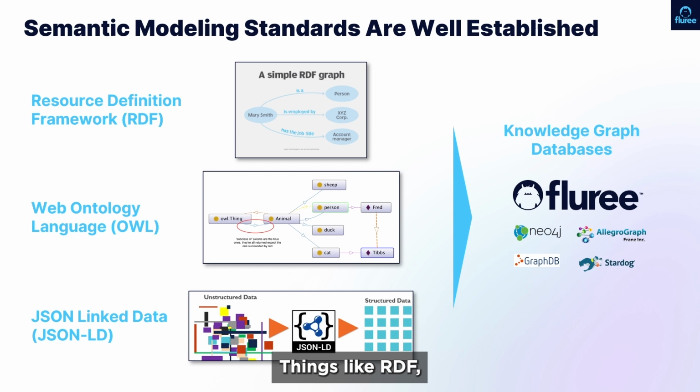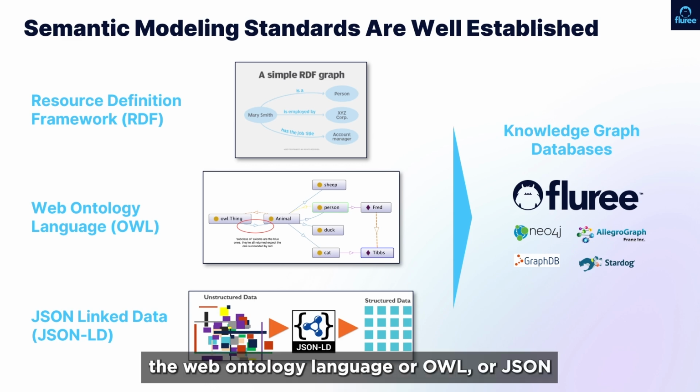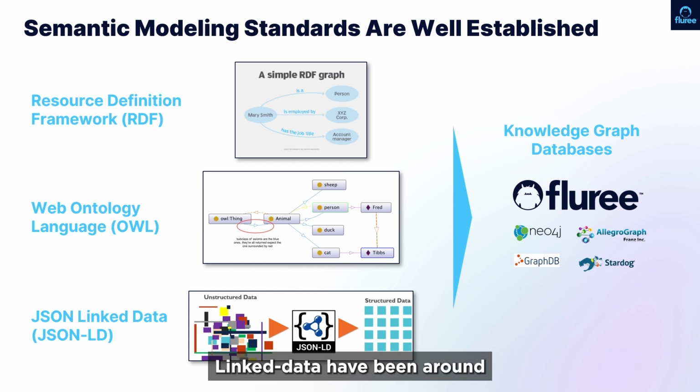Things like RDF, or the Resource Definition Framework, the Web Ontology Language, or OWL, or JSON linked data have been around for at least 15 years. And the systems that interact with most of these standards are called knowledge graph databases, as opposed to traditional relational databases. And knowledge graph databases have also been around for about 15 or 20 years.